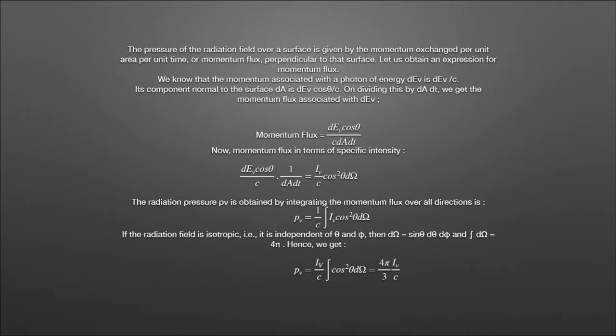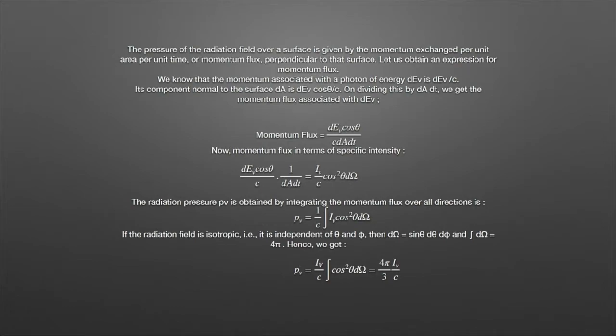Its component normal to the surface is dE_ν cos θ/c, as the area dA and the cos θ direction are perpendicular to each other. On dividing by dA dt, we get the momentum flux, dE_ν cos θ/(c dA dt). Deriving the momentum flux in terms of specific intensity, (dE_ν cos θ/c)(1/dA dt) is equal to (I_ν/c) cos²θ dΩ.